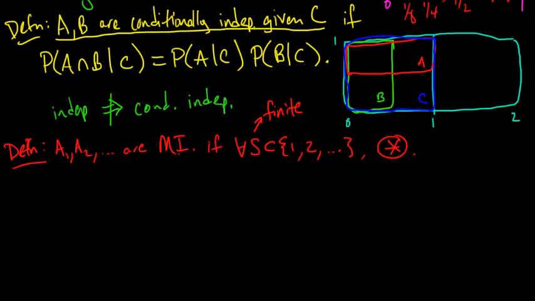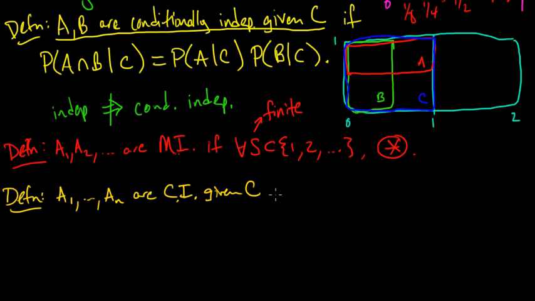And similarly, we can extend our definition of conditional independence for two events to conditional independence of a set of events. I'll use the same color here so you can visually match. So we would say that we'll do finite, and you can see how you would extend it, are conditionally independent, I'll abbreviate by CI, given C, if for any S in 1 through n, finite, again, well, in this case it's obvious it's finite because this is a finite set, but we could do the same thing for an infinite set.